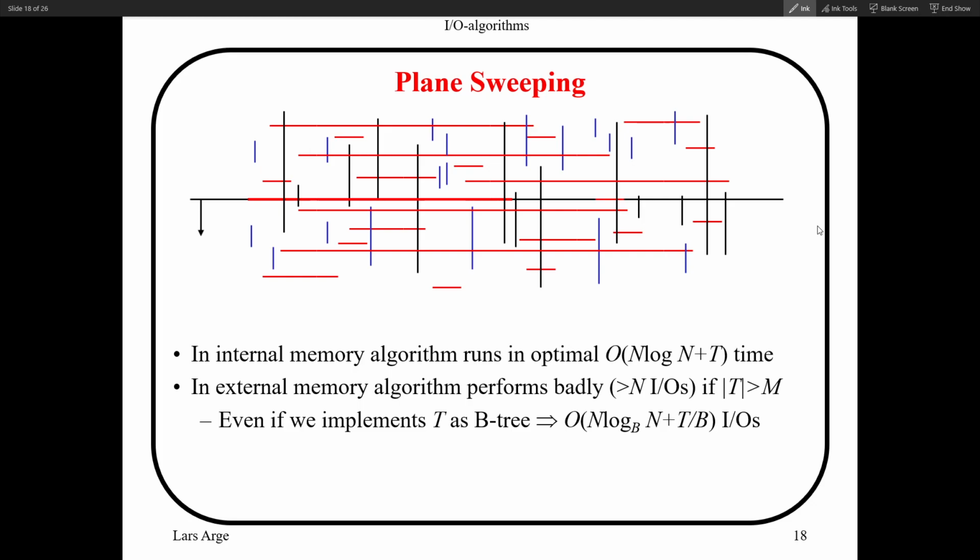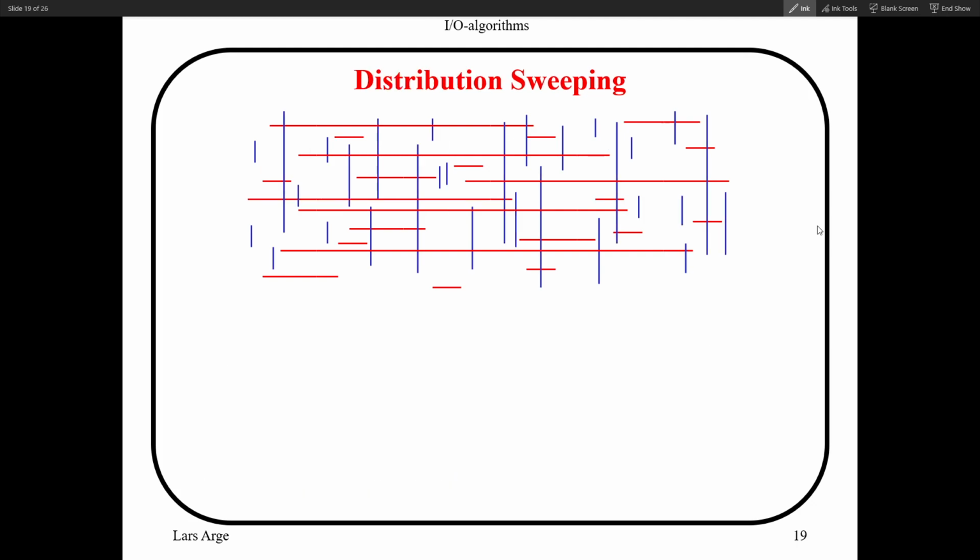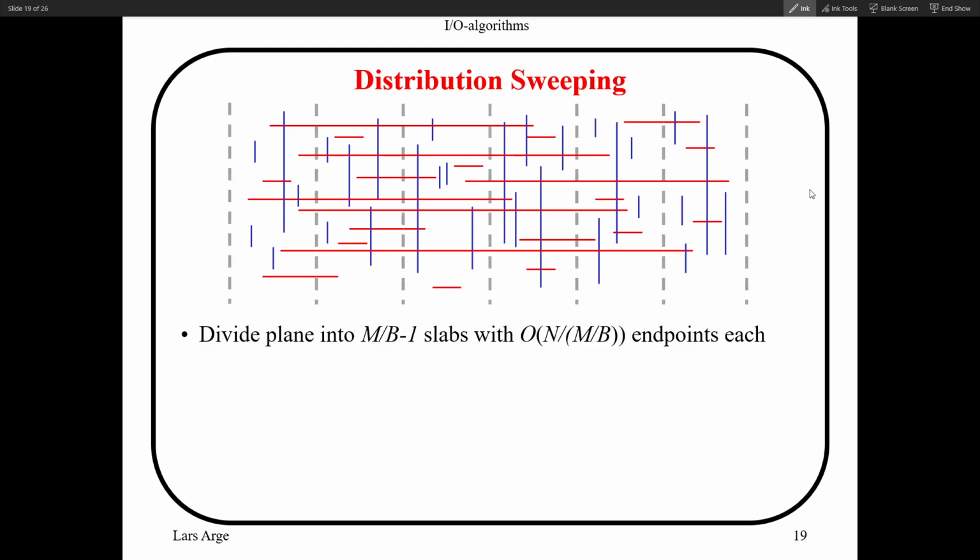However, we can use some interesting modifications to make it work. And the idea that makes this work is known as the distribution sweeping technique. So now I will explain what distribution sweeping does. Distribution sweeping is essentially based on distribution sorting, which, if you recall, was based on quicksort. The idea here is to divide the plane into m over b slabs such that every slab contains roughly an equal number of endpoints.